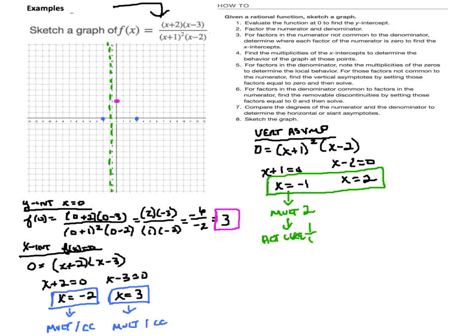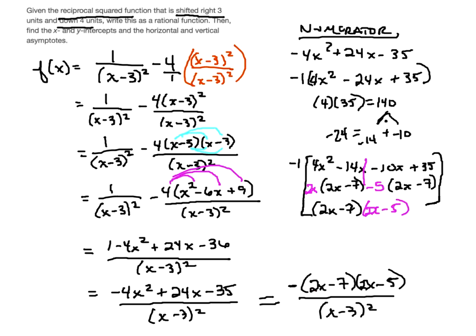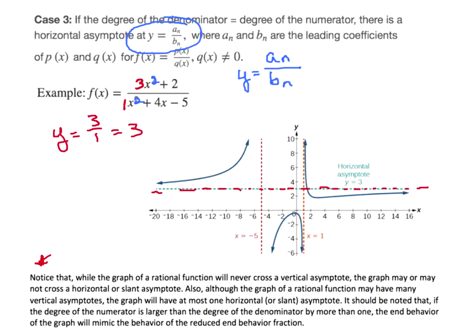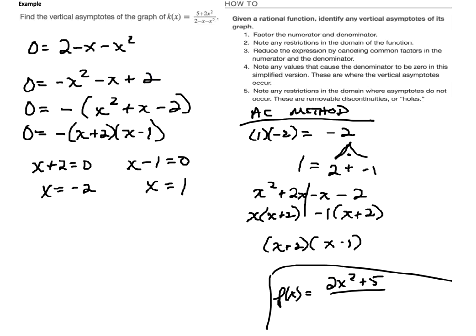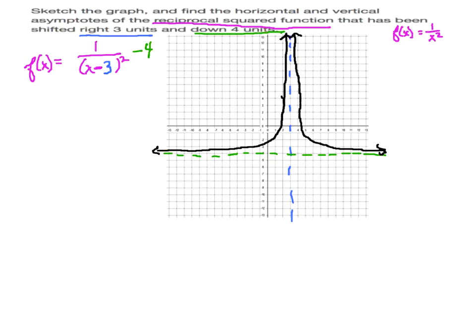The reason I have to point this multiplicity out is because around this asymptote, this is going to act like 1 over x squared, which also has a multiplicity of 2. In other words, I'm going to have both tail ends surrounding that asymptote moving in the same direction, either both into positive infinity or both into negative infinity, just like 1 over x squared does.